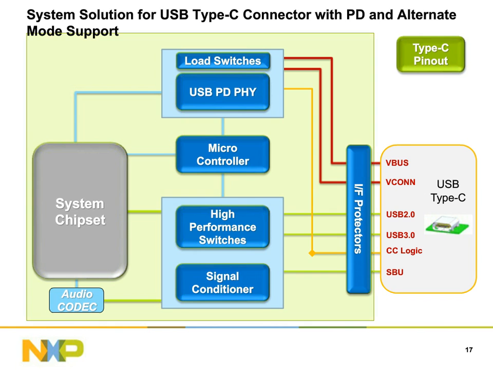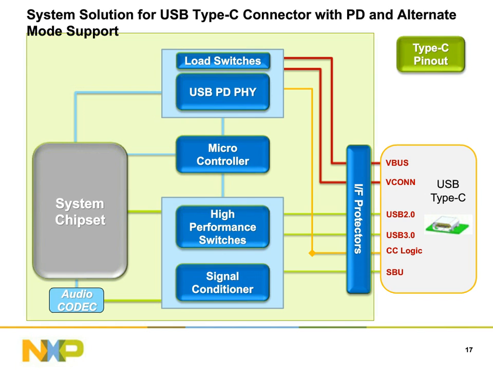So you need to have a design that can allow the USB Type-C cable plug to be plugged in either way. And optionally, you may need a signal conditioner, and of course, for your port, again, you will need some filtering and protection. So this is a complete solution that you would need to build to implement a Type-C connector on any system that will support power delivery and alternate mode both.